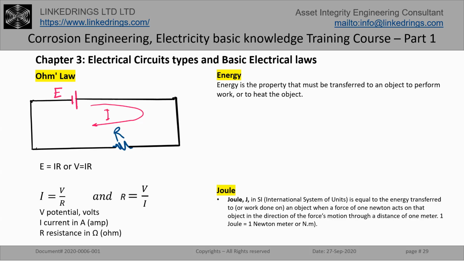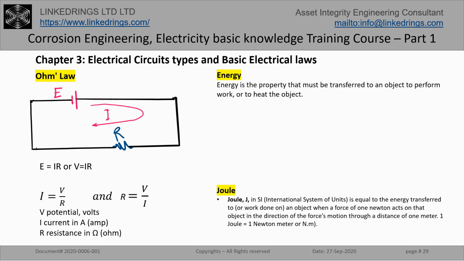Joule, as we mentioned earlier, is the SI unit equal to the energy transferred to or work done on an object when a force of 1 Newton acts on that object in the direction of the force motion through a distance of 1 meter.